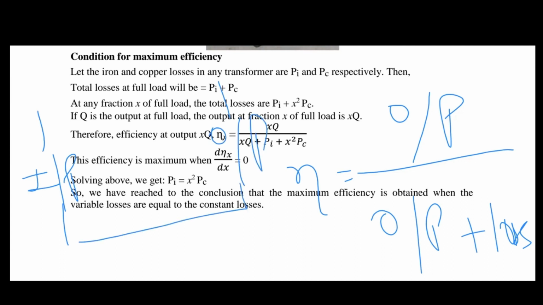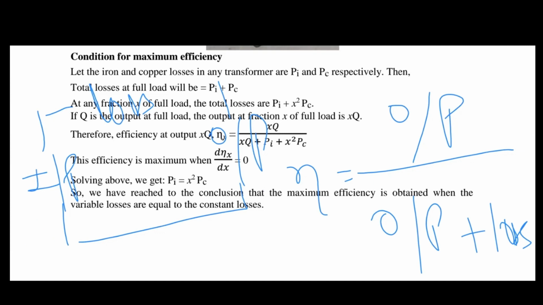So within input and output, what happens? Losses are there, be it any machine, same is in the case of the transformer as well. If we apply the KVL, what happens? That input, for example, we have studied that this is EMF, say this is the voltage across the load, and this is say resistance R, then we can say V is equal to V plus IR.